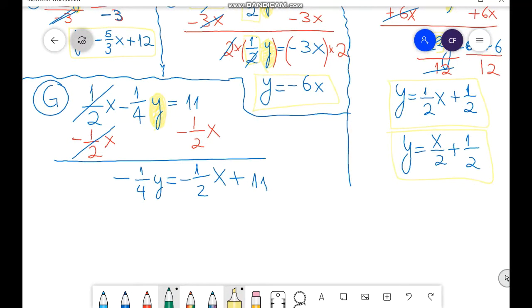And now there's this negative 1 over 4. That's bothering us because we don't want this thing here. We want to have only y. Just multiply the whole thing by negative 4. Multiply both sides of the equation by negative 4.